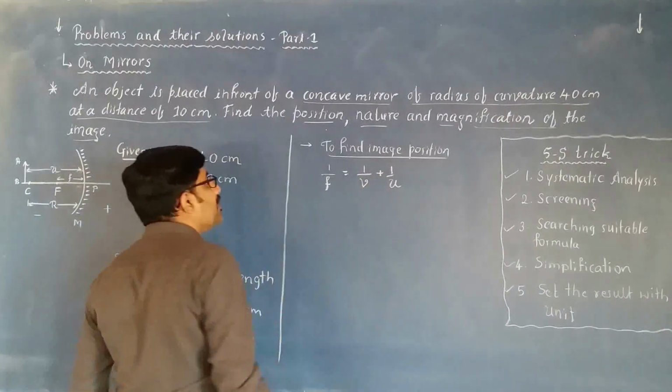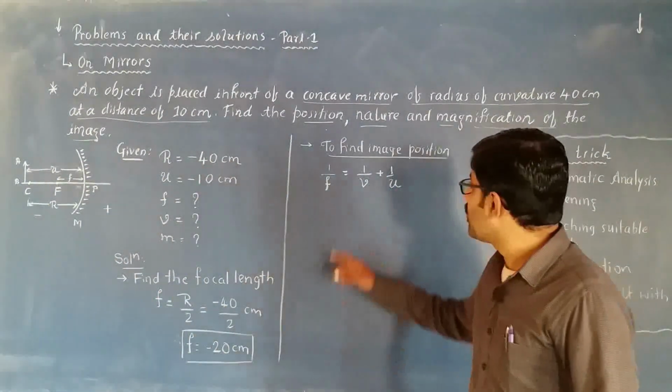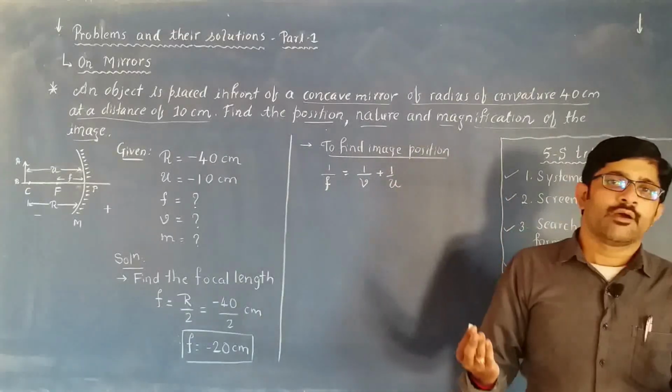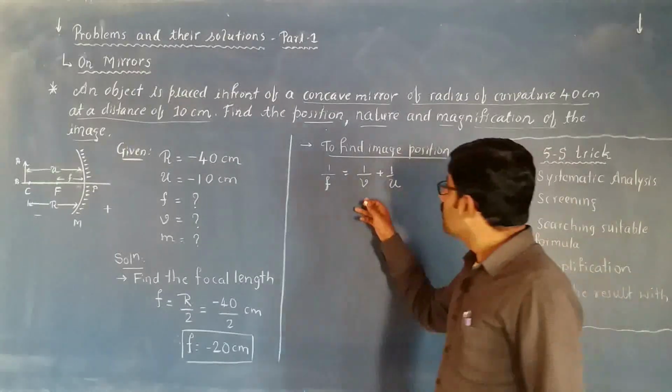This is the formula which we discussed in the previous class, that is 1 by f is equal to 1 by v plus 1 by u, or you may take, since it is plus, 1 by u plus 1 by v, that is also possible.